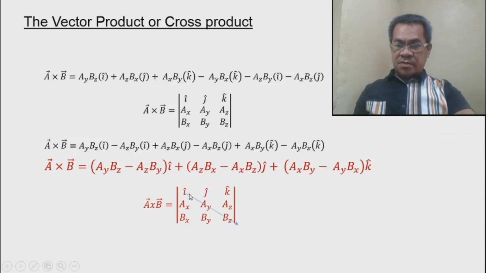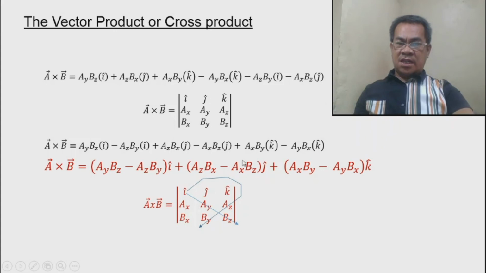This is the drop down, positive, and the diagonal up is rotating that position. So if you evaluate this, you are actually solving the I component, or the X component, of the cross product A cross B. So this is already the answer.